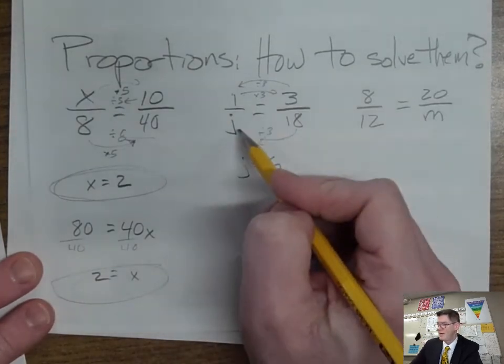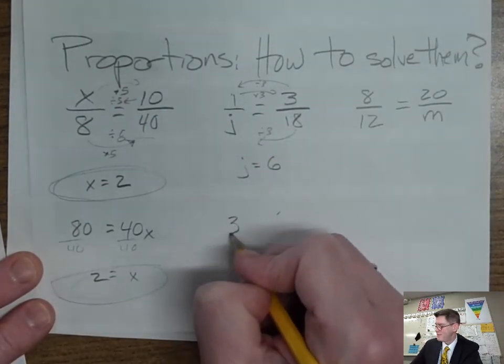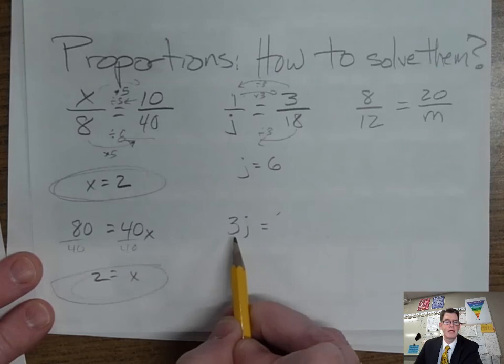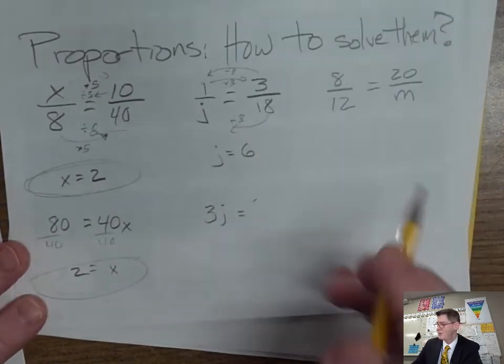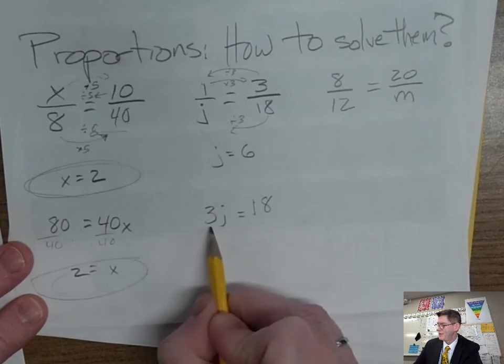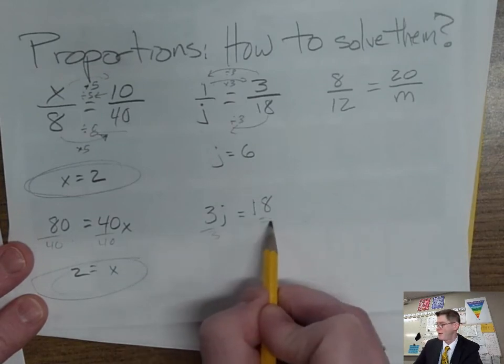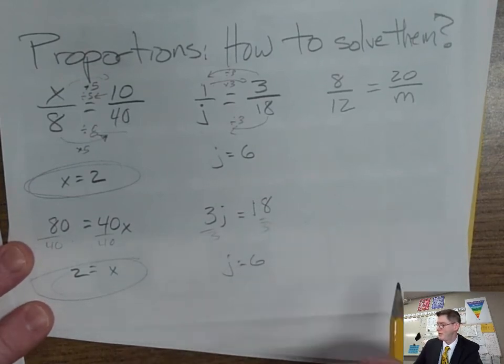So if I did that here, j times 3, so there's j times the 3. They like to put the coefficient, the number, first. And 1 times 18 is 18. So it's just a simple equation, divided by 3. So j is 6.